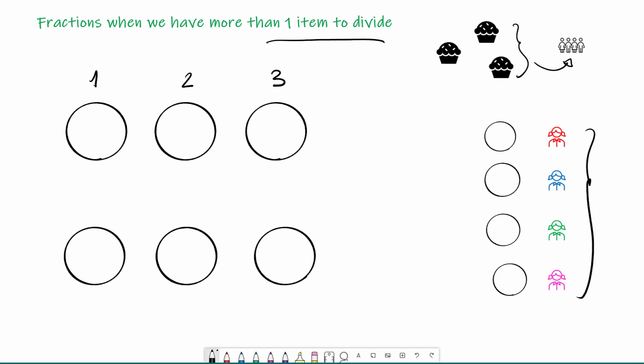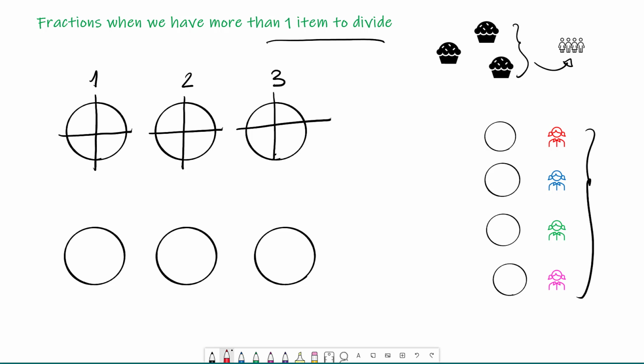So how do we do that? Let's divide by 4. We can do that easily. So this first pizza, we're going to divide by 4. We're going to divide the second pizza by 4 as well as the third. And let's use our color codes to show who gets which slice.